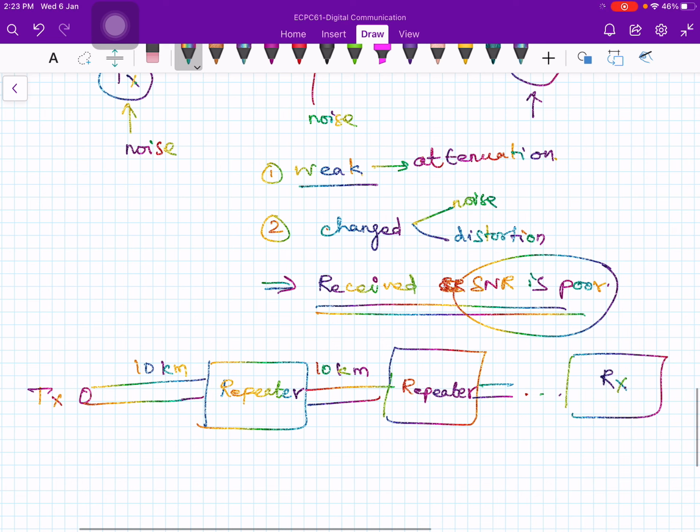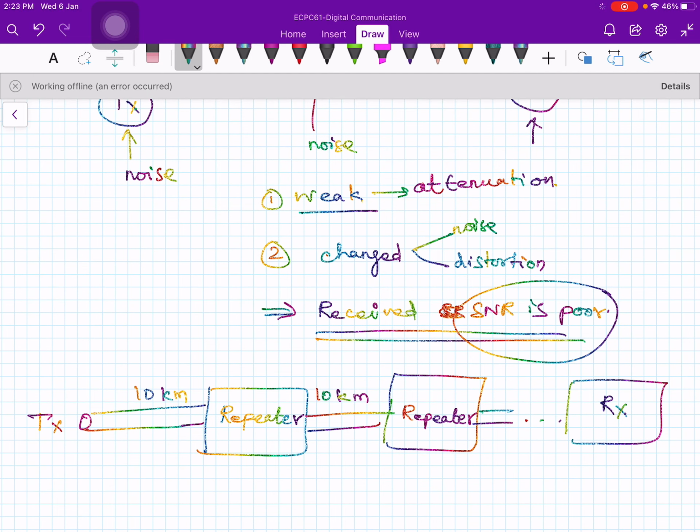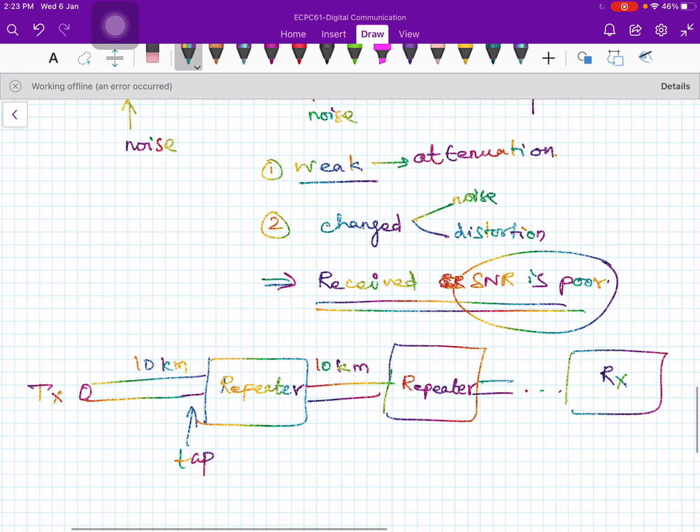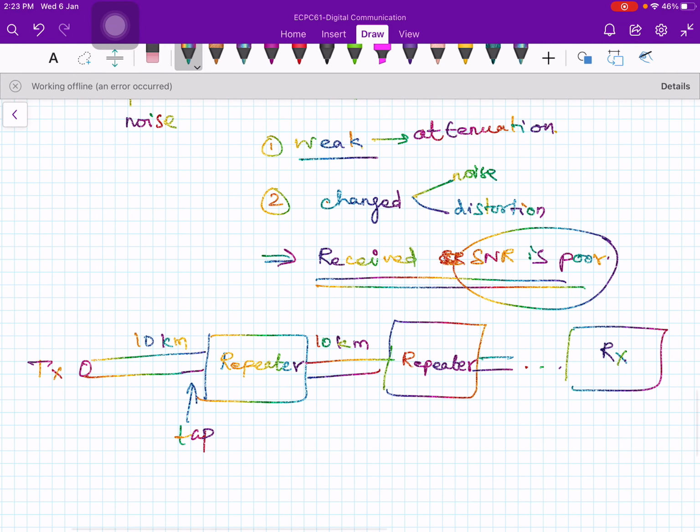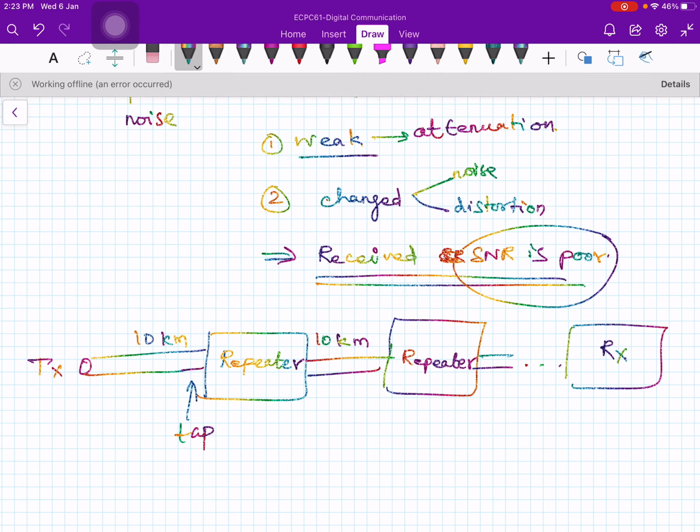This is my receiver. So what is the purpose of this repeater? What you can do with this repeater is you can at least amplify the signal along the path. You tap the signal somewhere along the path, amplify it and transmit it.